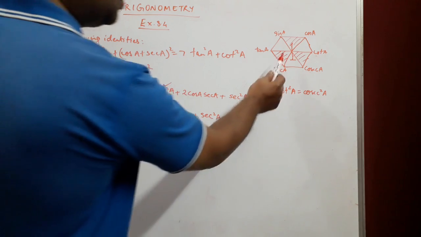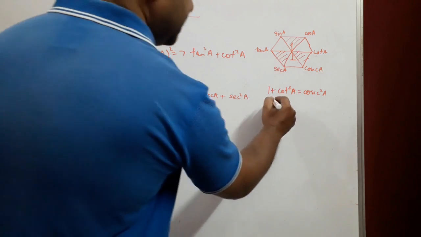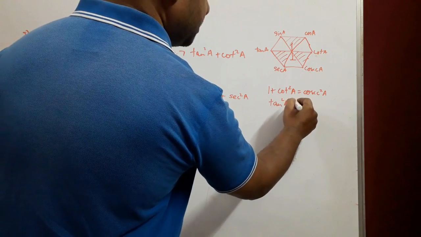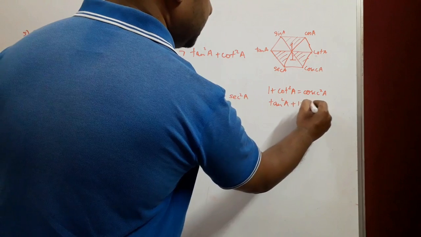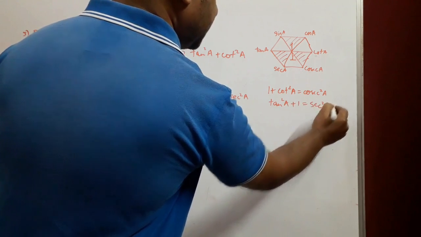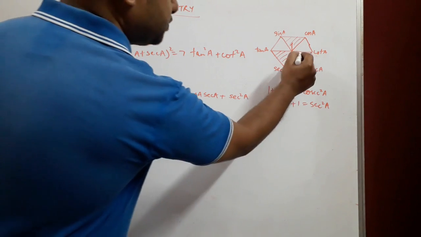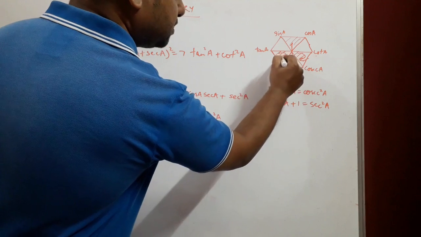Then if we come to this particular triangle, we get tan square A plus 1 equal to sec square A, right? So we can use that now. Remember the arrows.